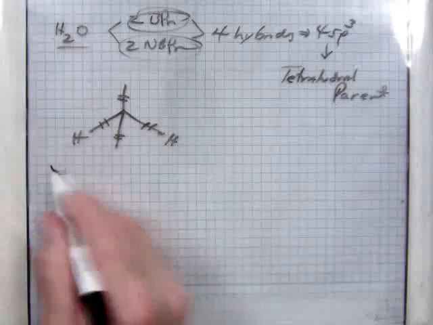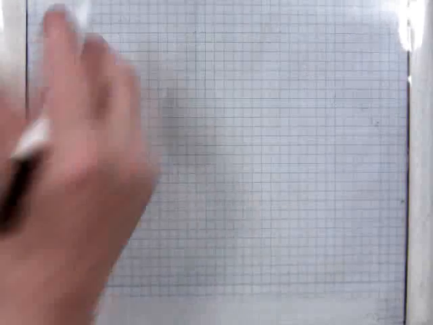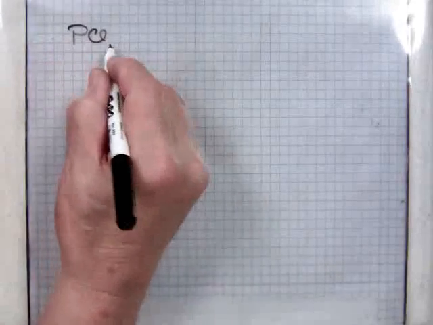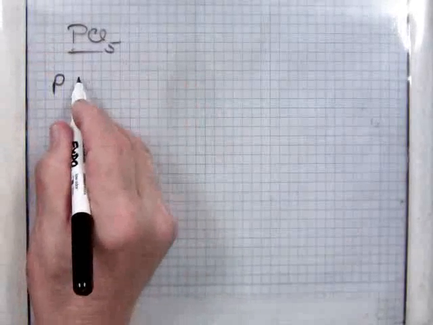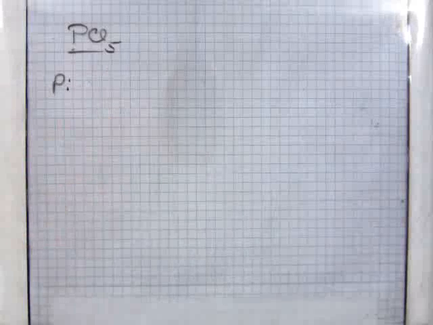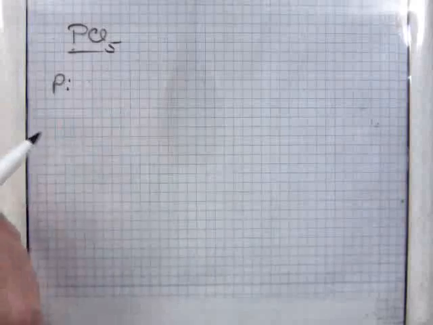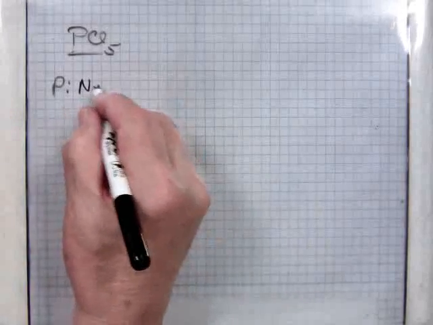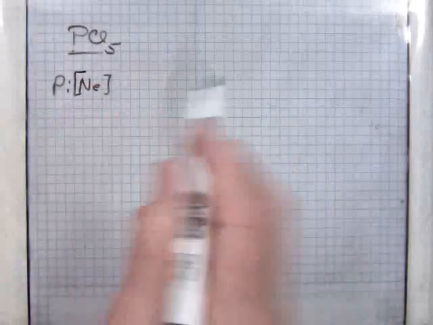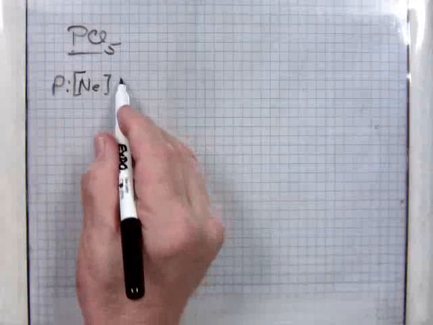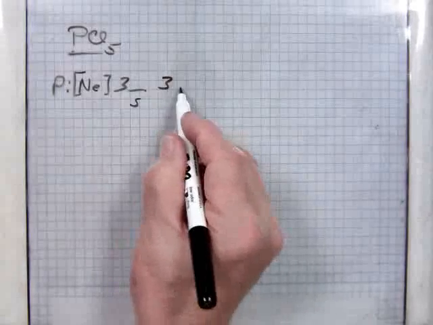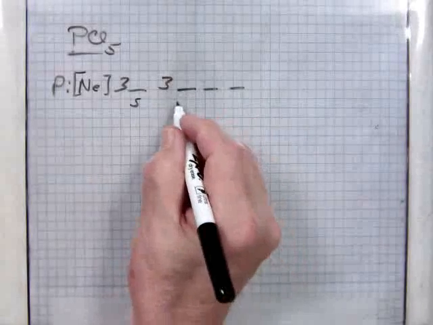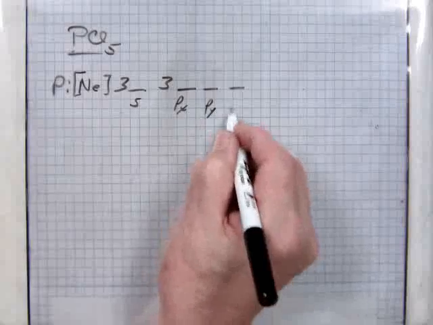Okay. So let's do PCl5. We'll start with the phosphorus configuration. Phosphorus is in row 3, so we have a neon core, and then a 3s orbital, and then the 3p orbitals, px, py, and pz.